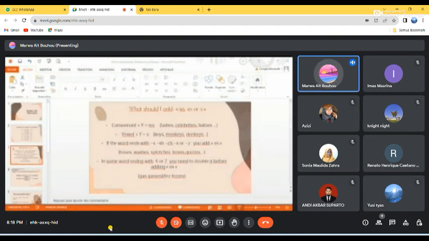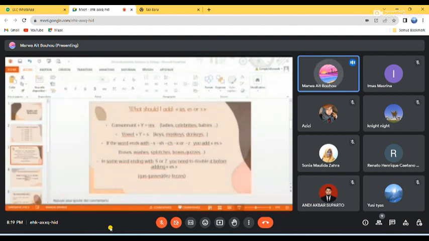There are also words that end with S, SH, CH, X, or Z. For those nouns, we mostly add ES. For example, bus ends with S, and when we want to pluralize it, we add ES.